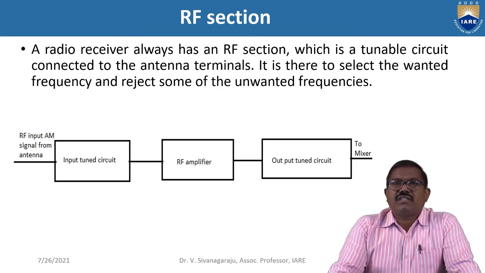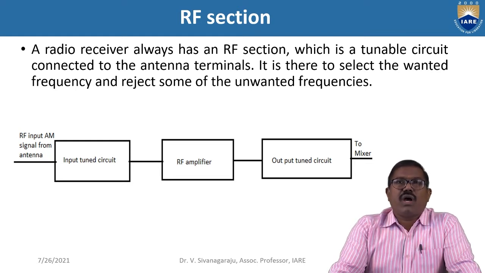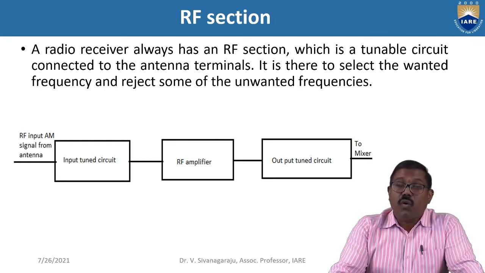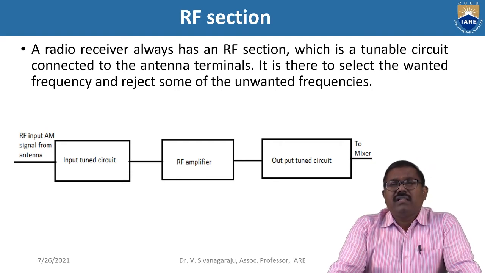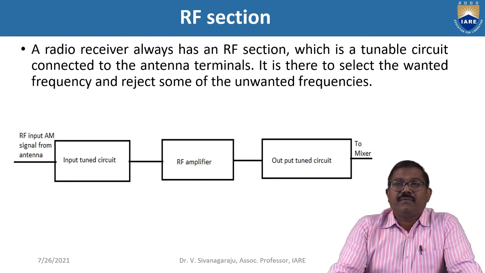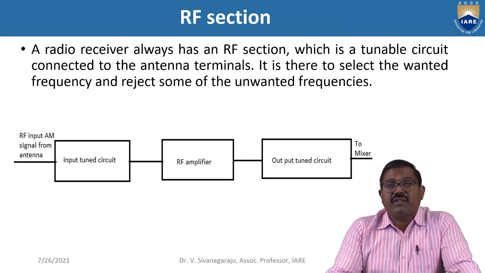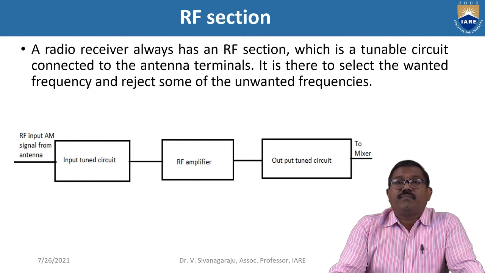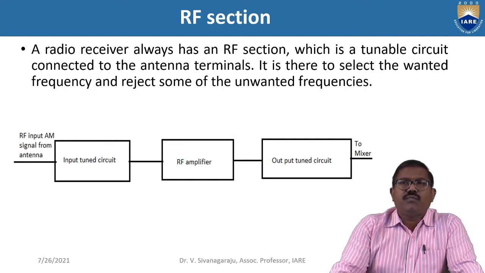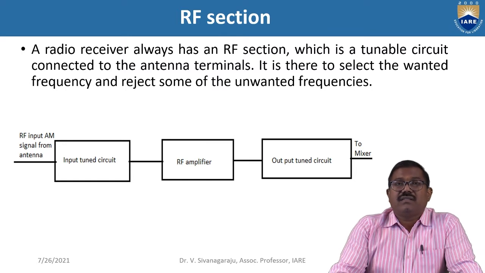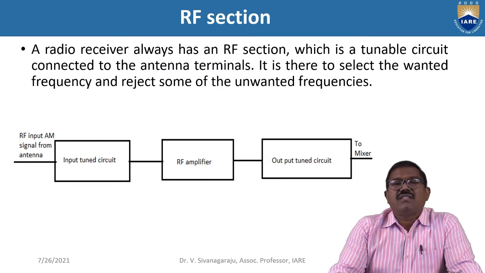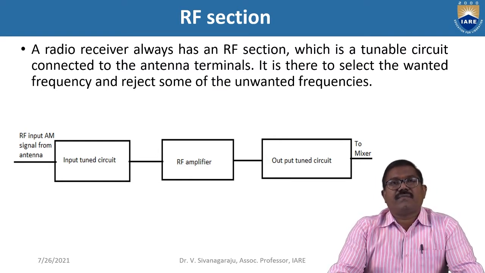It is there to select the wanted frequency and reject some of the unwanted frequencies. Why? Because we do not have only the signal, we also have noise. There are unwanted frequencies, a number of signals adding with our signal. So we are going to select our desired signal, that is, select the wanted frequency and reject the unwanted frequencies.